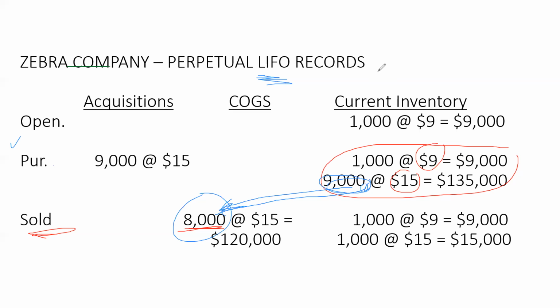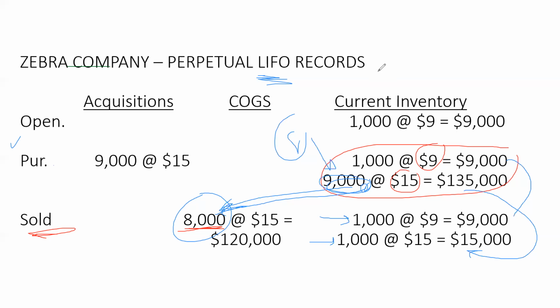So if you take 8,000 away from these 9,000, you can see that we have 1,000 left at 9, that's these, and we have 1,000 left at 15.